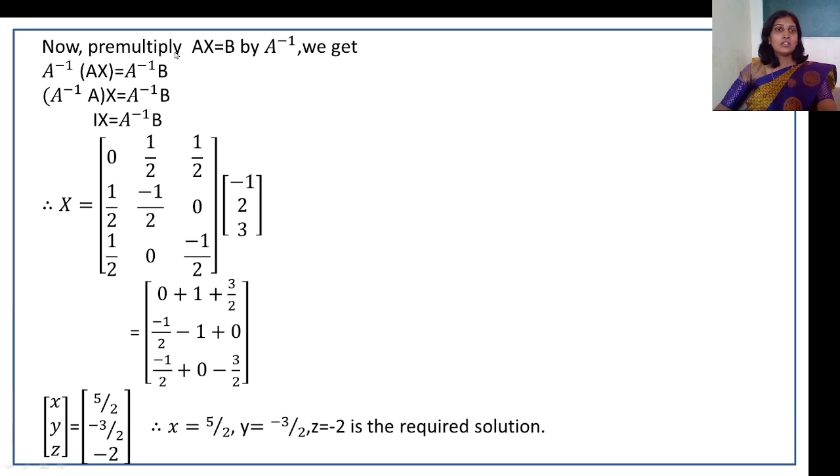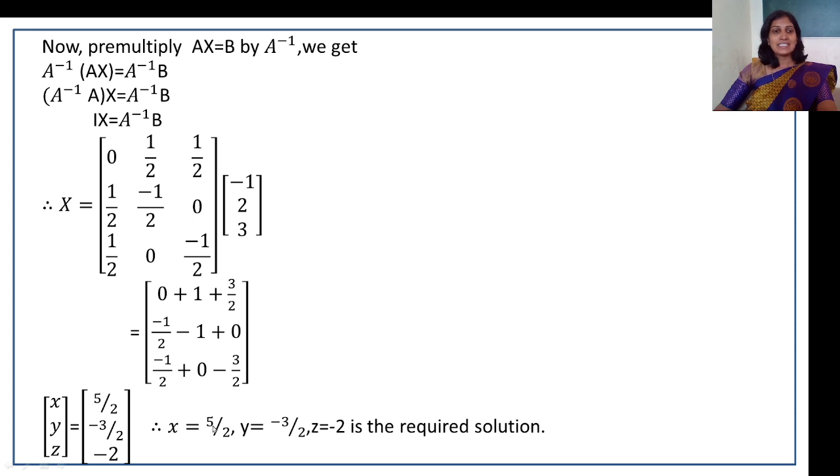Now, pre-multiply Ax is equal to B by A inverse. We will get X is equal to A inverse B. Now, right here, put this value of A inverse in this equation. A inverse into B. If we multiply these two matrices by matrix multiplication, we will get the value 5 by 2, minus 3 by 2 and minus 2.